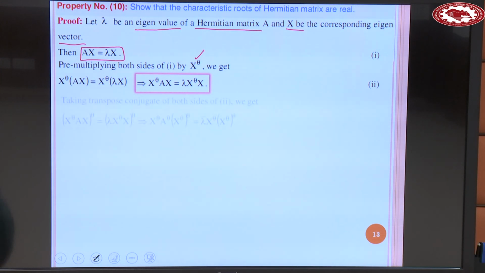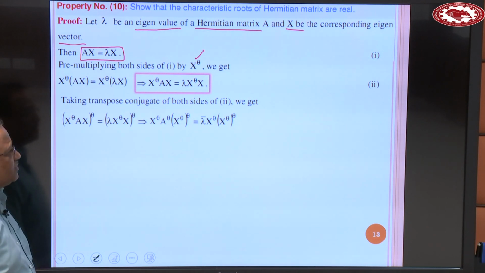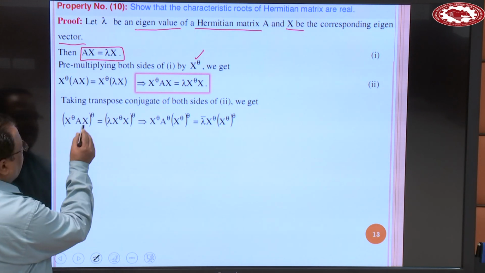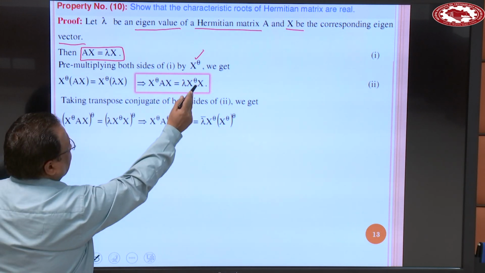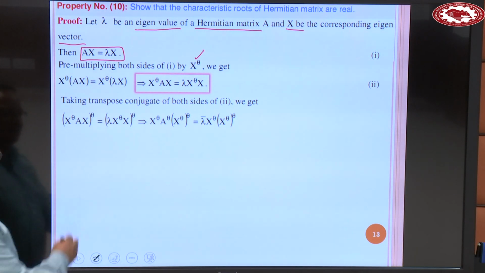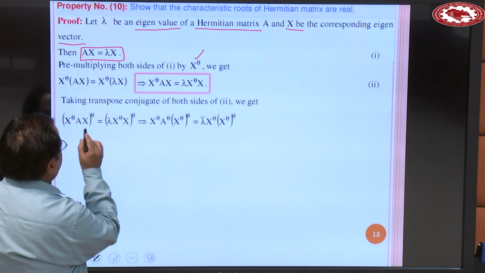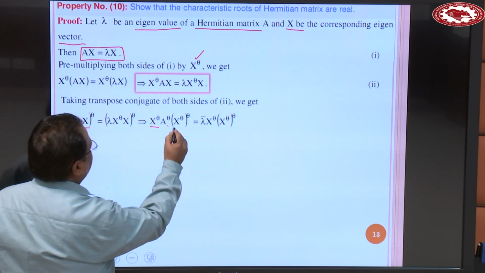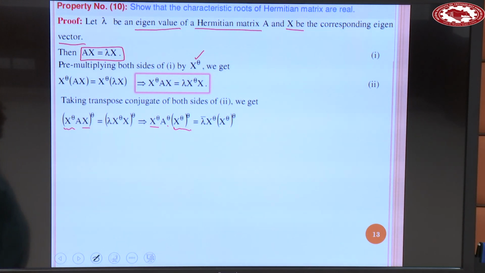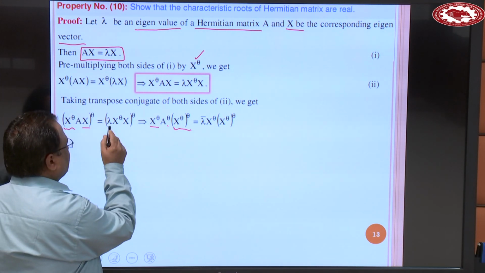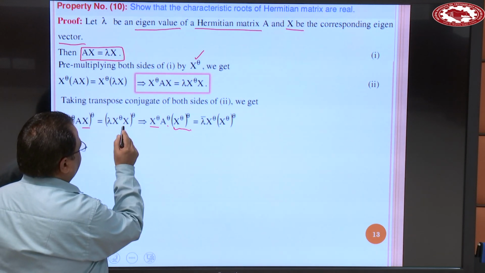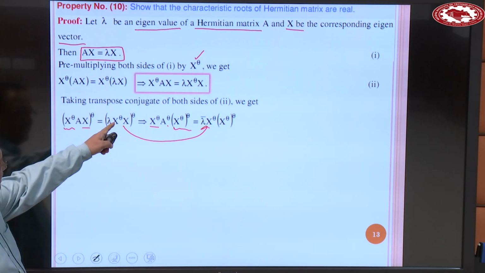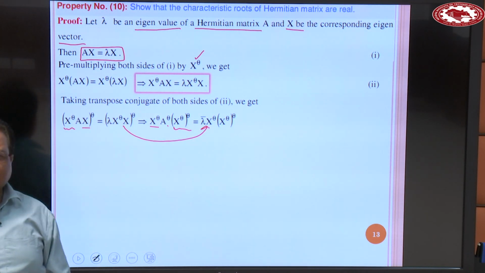Now taking transposed conjugate of both sides of 2, we get x theta A theta x theta theta is equal to lambda bar x theta x theta theta. Here x theta theta is x.